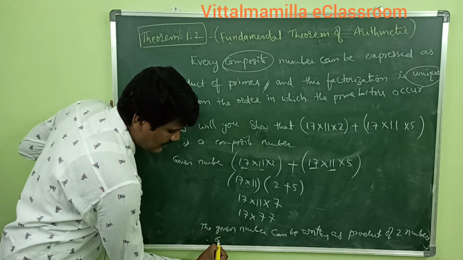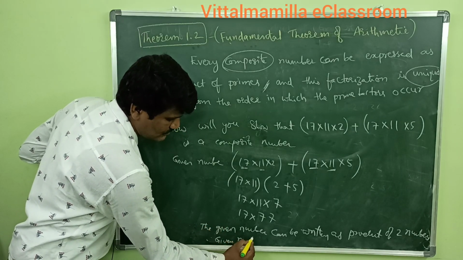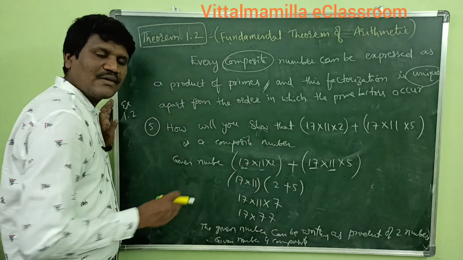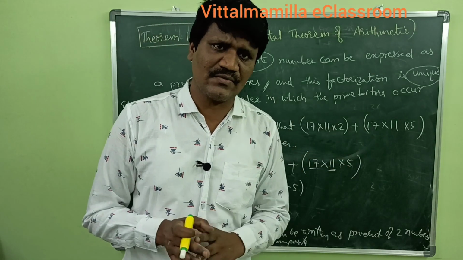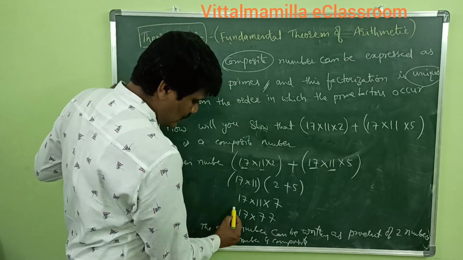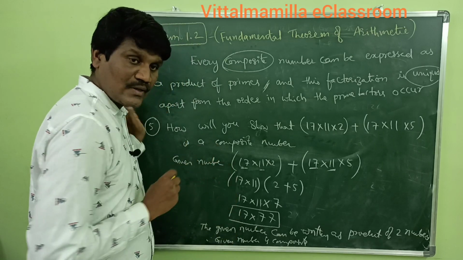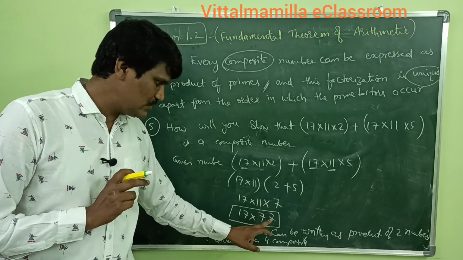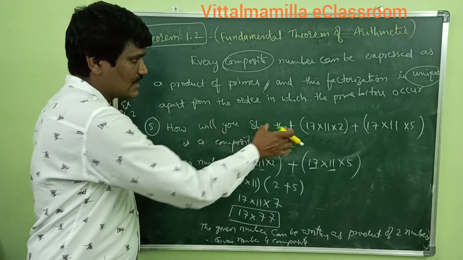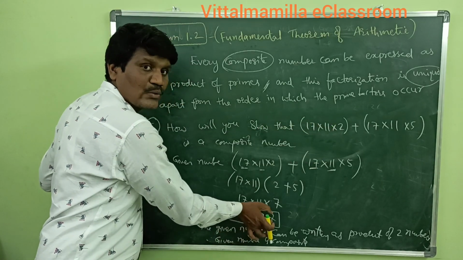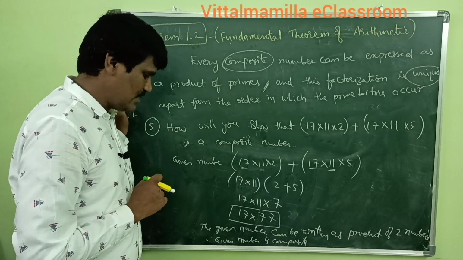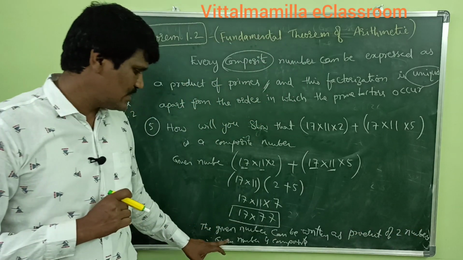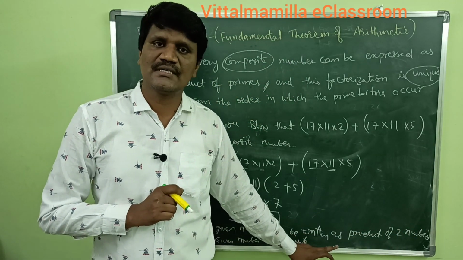So therefore the given number is composite. Whatever number is given, we should write it as a product of two numbers. Don't multiply here; keep it like this only. Keep 17 into 77, because the given number is written as a product of two numbers. Hence the given number is a composite number.